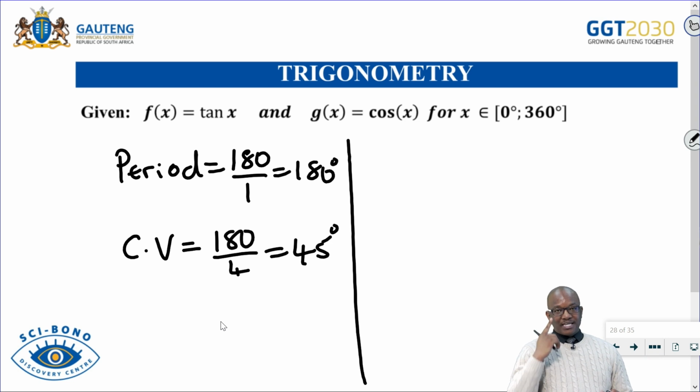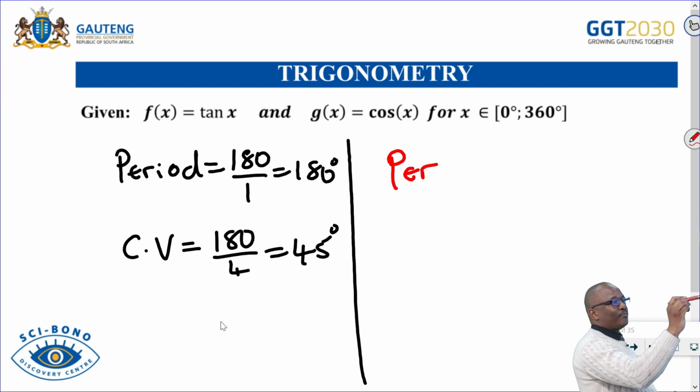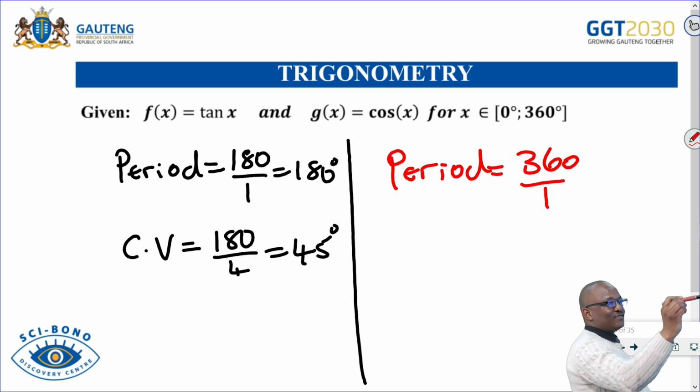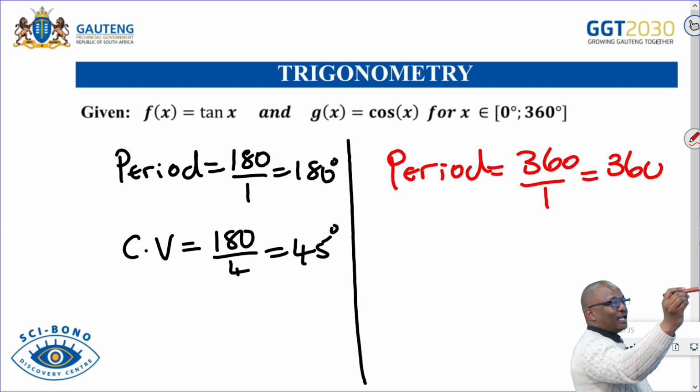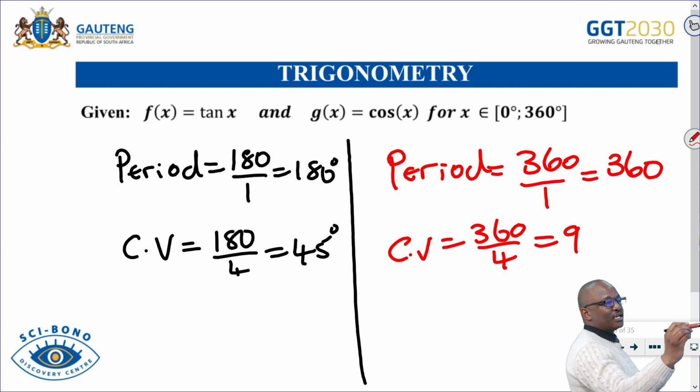That's basically what you're going to do with the graph of tan. And for the graph of cos, remember the period is 360 divided by 1, which is 360. For you to get your critical values, it is 360 divided by 4, which is 90.